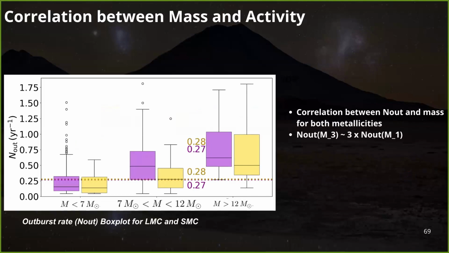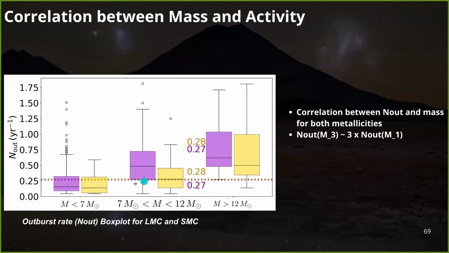When we study the outburst rate, we also see a strong correlation with mass, showing that massive stars are also more active. So more frequently, those stars turn the mass-loss mechanism on and off.